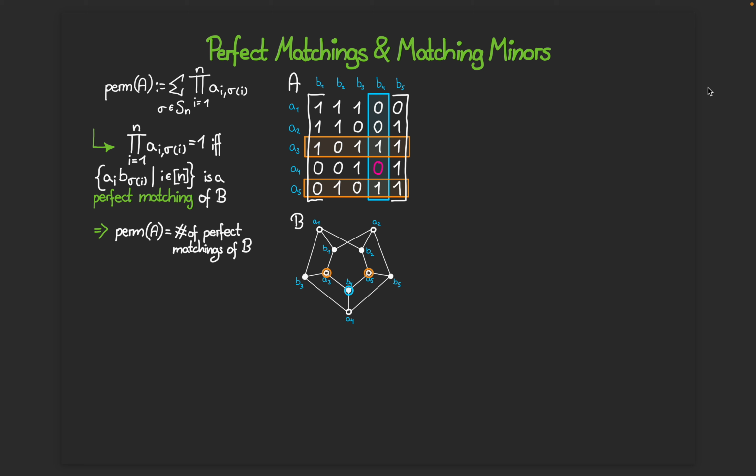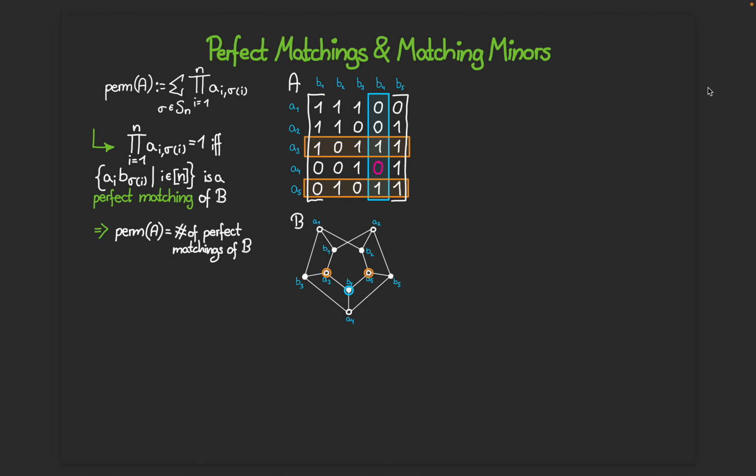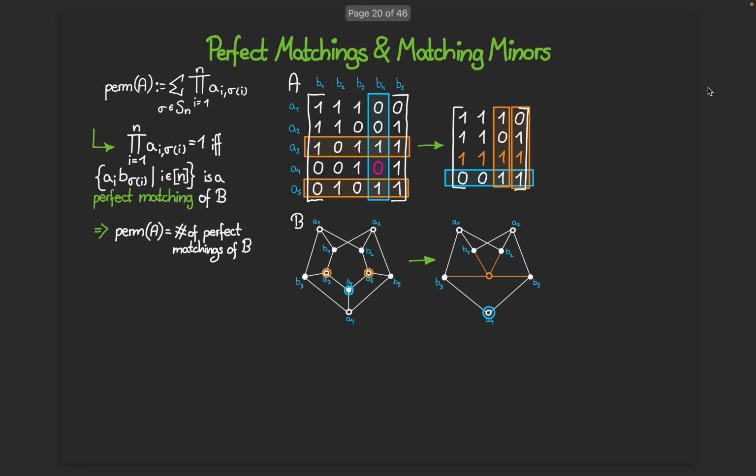What we can do is we can again delete an entry, make a 1 into a 0. We can also merge special rows. In this case, we take these two yellow vertices and this blue vertex, we identify them after we have deleted the edge incident with B4 and A4.